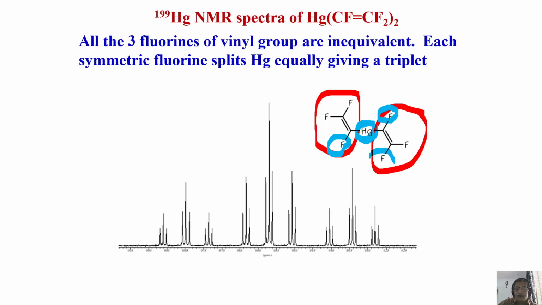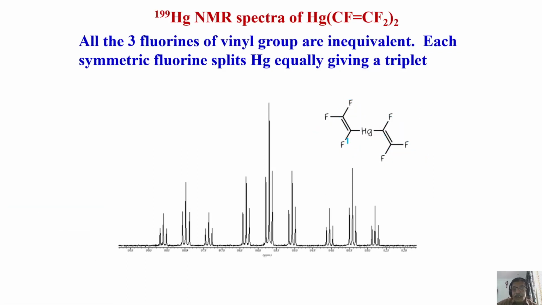Similarly, these 2 fluorines will split this mercury by the same amount because the coupling strength is the same. What I try to say is each of these symmetric fluorines, which are chemically equivalent like this and this, couple to mercury by the same extent.